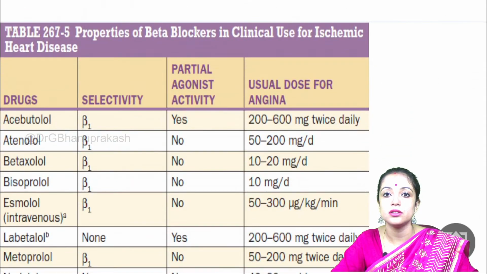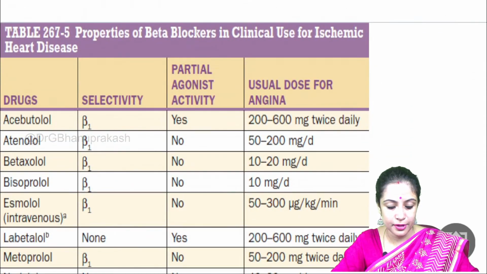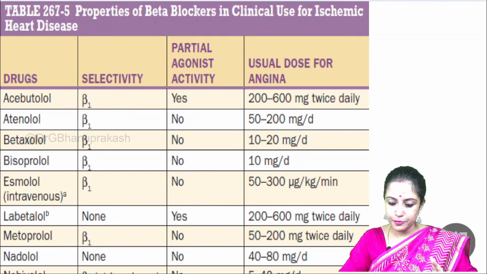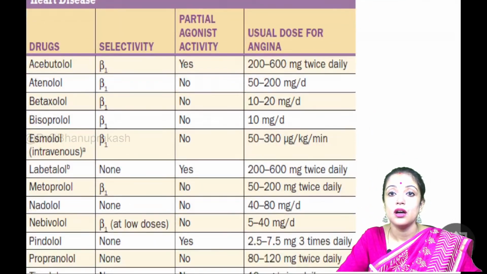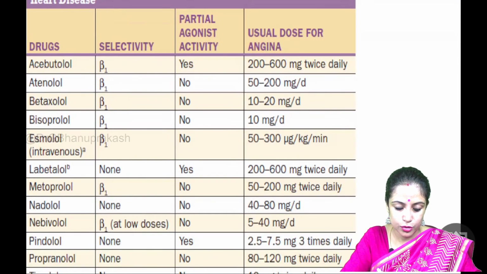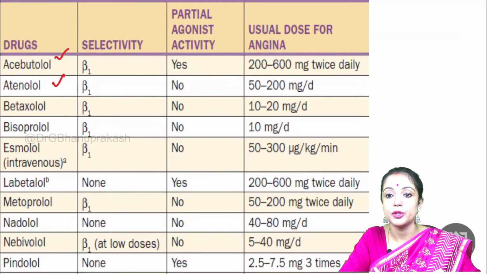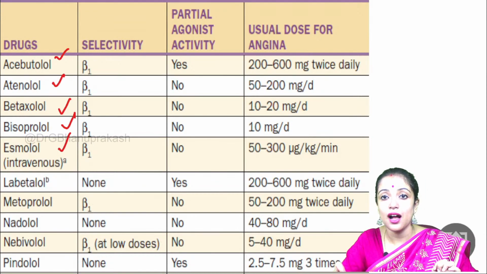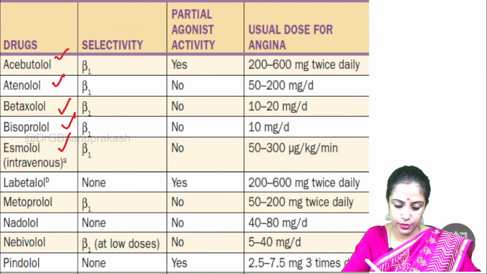So what are the beta blockers we have in our armamentarium? We have these beta blockers like acebutolol, atenolol, betaxolol, bisoprolol, esmolol, which is ultra short acting.